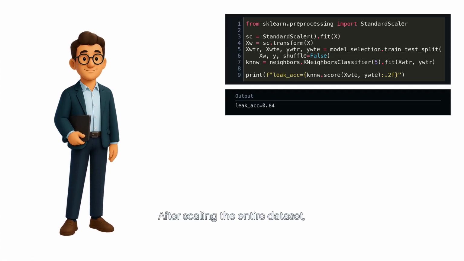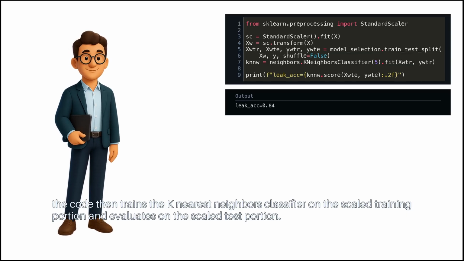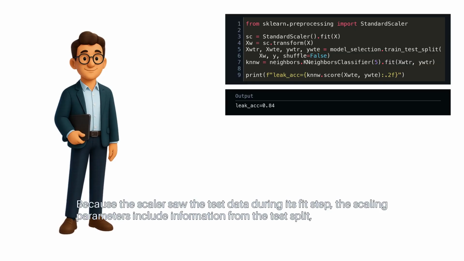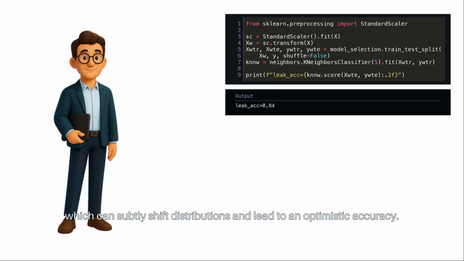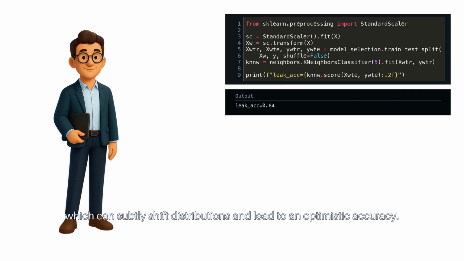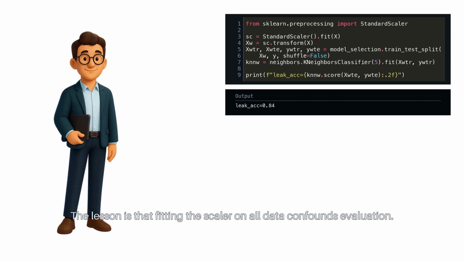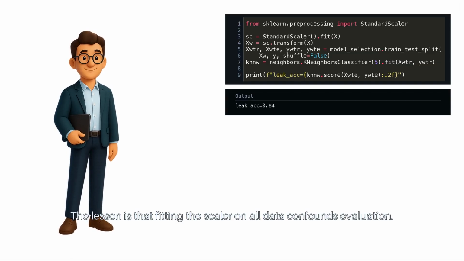After scaling the entire dataset, the code then trains the KNeighborsClassifier on the scaled training portion and evaluates on the scaled test portion. Because the scaler saw the test data during its fit step, the scaling parameters include information from the test split, which can subtly shift distributions and lead to an optimistic accuracy. The lesson is that fitting the scaler on all data confounds evaluation.